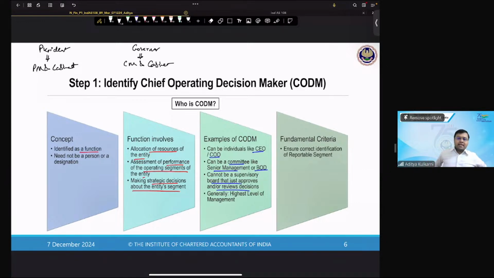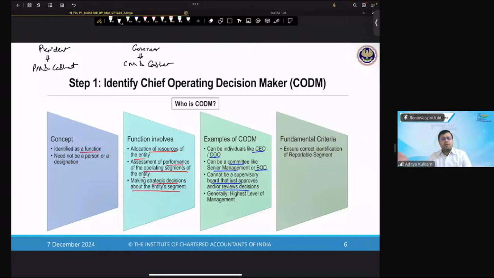Suppose there is a breakdown of law and order in a particular state, then there is an imposition of president's rule. Otherwise, as long as the prime minister and his cabinet and the chief minister and his cabinet are delivering their functions effectively, as long as they are able to maintain law and order in the particular state or the country, there is no reason for the president or the governor to interfere in the day-to-day operations.